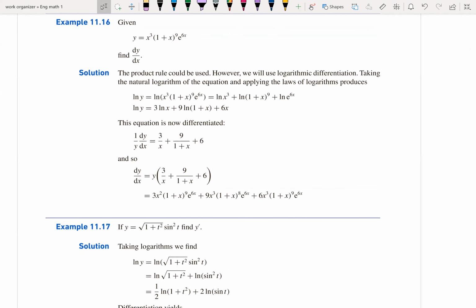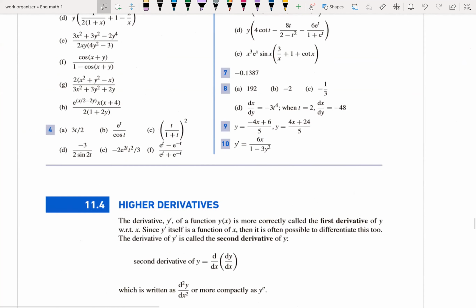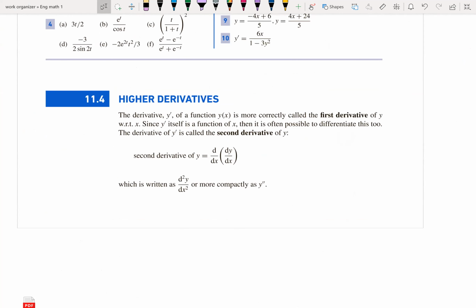So now we straight go to the last one, which is higher derivatives. What does it mean by higher derivatives? Derivative here, before this, is dy over dx or y prime, which is also known as the first derivative of y with respect to x. Now we are going to find the derivative of y prime. This is called the second derivative of y.